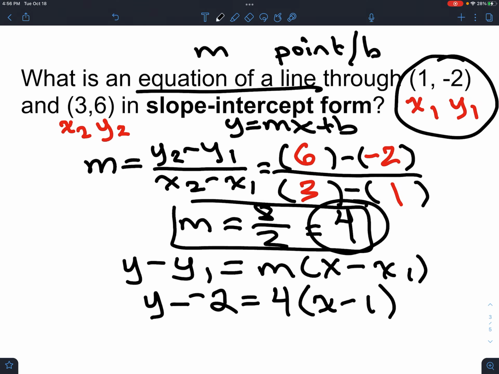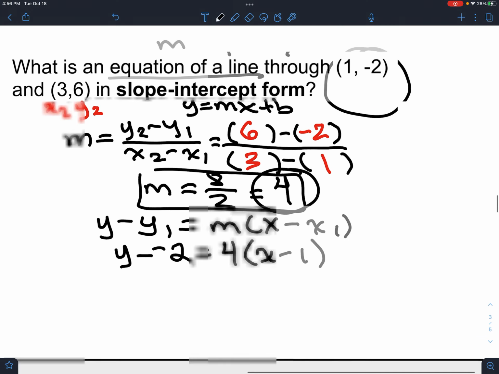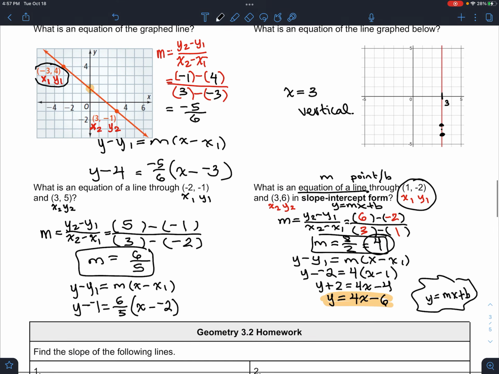And then normally we'd be done, but it's insisting that we have it in a different form. So what we have to do is distribute the 4 and subtract 2. So we get this. This is the final answer because it's in the desired mx plus b form. Okay? A lot of notes here, but this is Algebra 1 stuff.